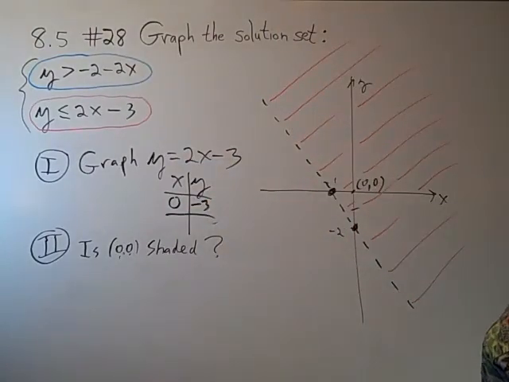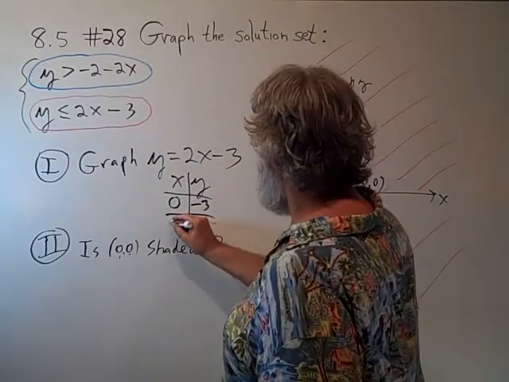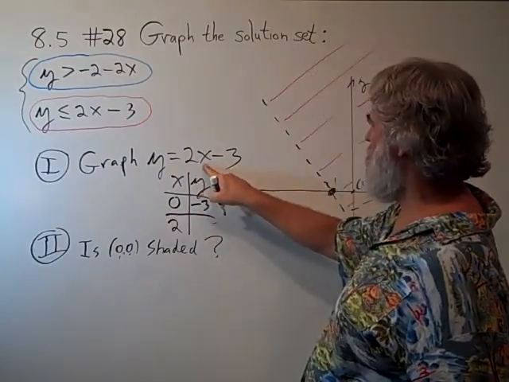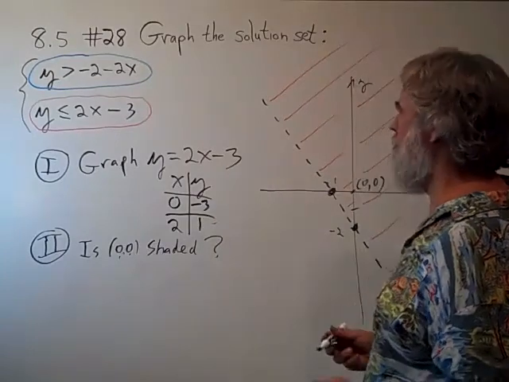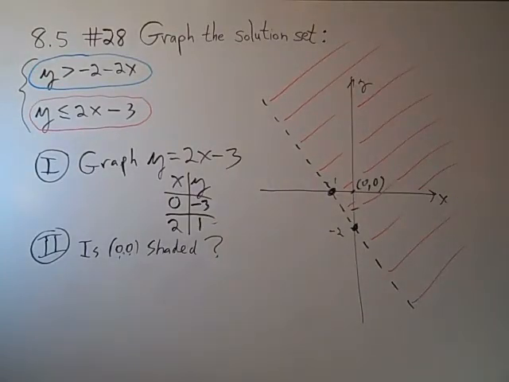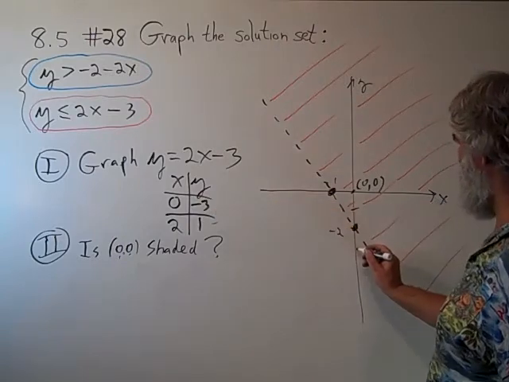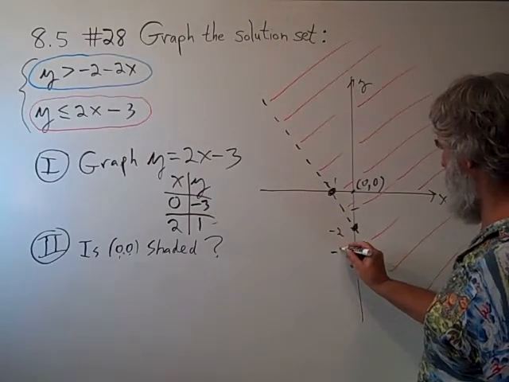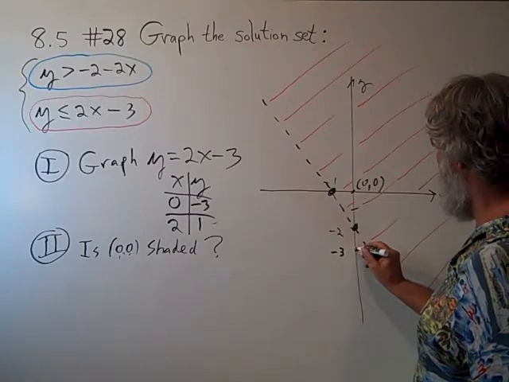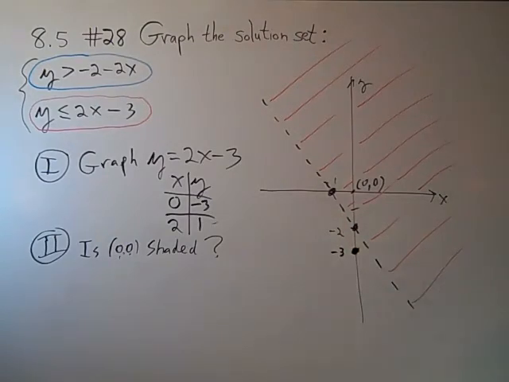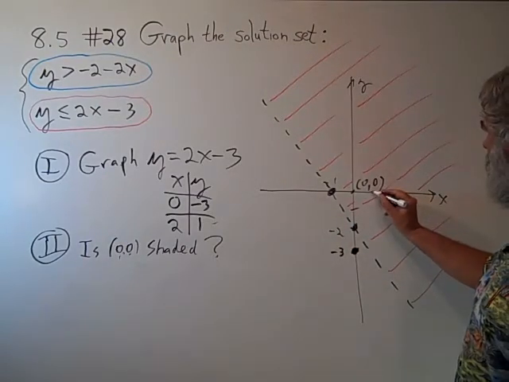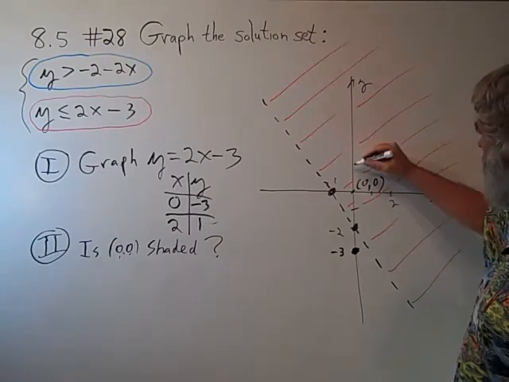And for another point, let's let x equal 2. Then 2 times 2 is 4, minus 3 is 1. Then y equals 1. So there's 2 points that we can use to graph this line. The first is the y-intercept at -3 on the y-axis. And the second, if we go over 2, we have to go up 1.